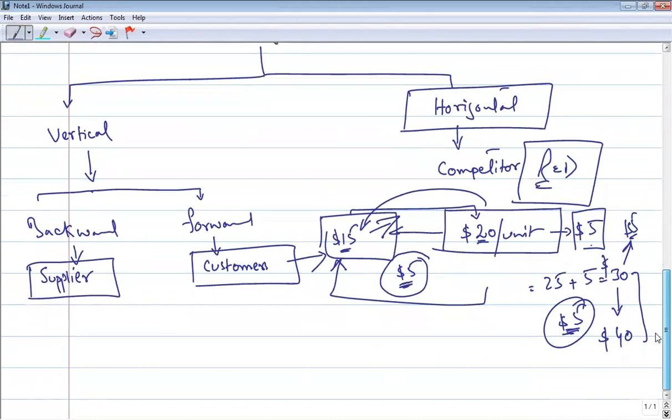But definitely, the downside of these integrations will be that it will increase the size of your business, and you may fail to manage it.